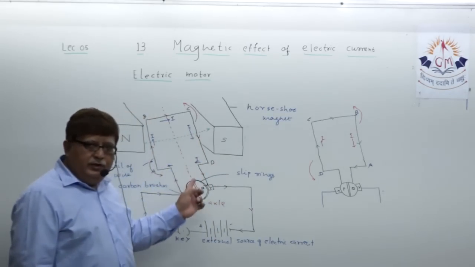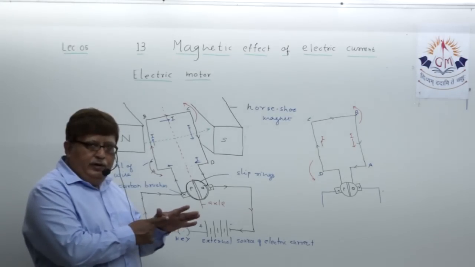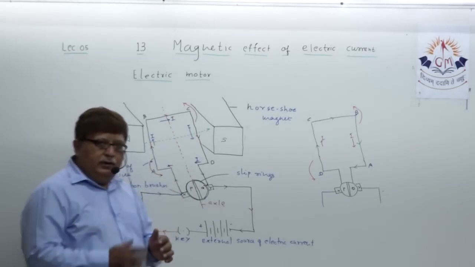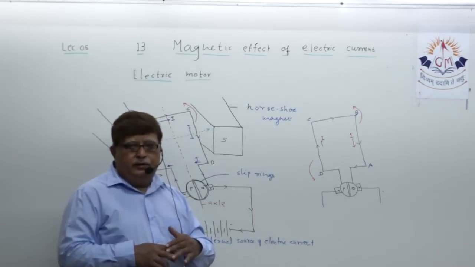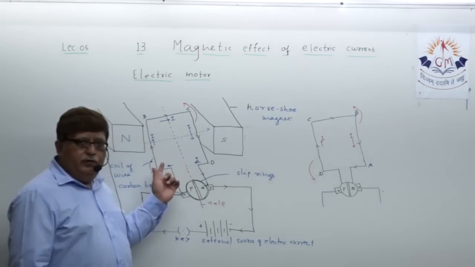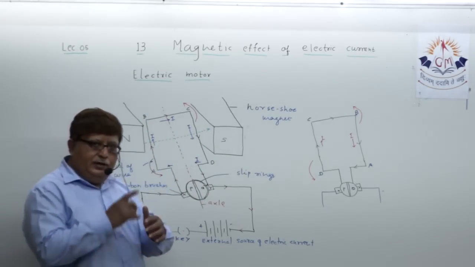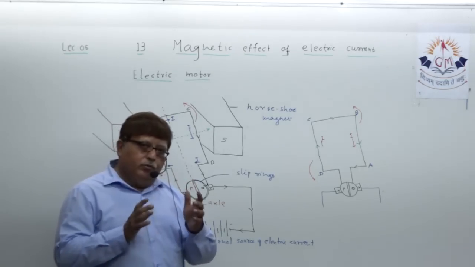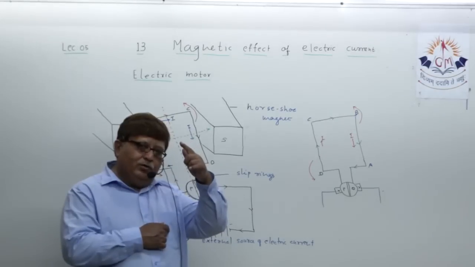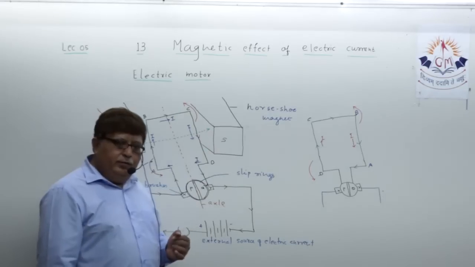On ends BC and AD, the direction of electric current is parallel to the magnetic field, so both these ends remain unaffected by the electromagnetic force. In AB, the current will flow from A to B and in CD from C to D, exactly mutually opposite. So both ends of the coil will experience opposite electromagnetic force. AB will be pulled downwards, CD will be pulled upward.